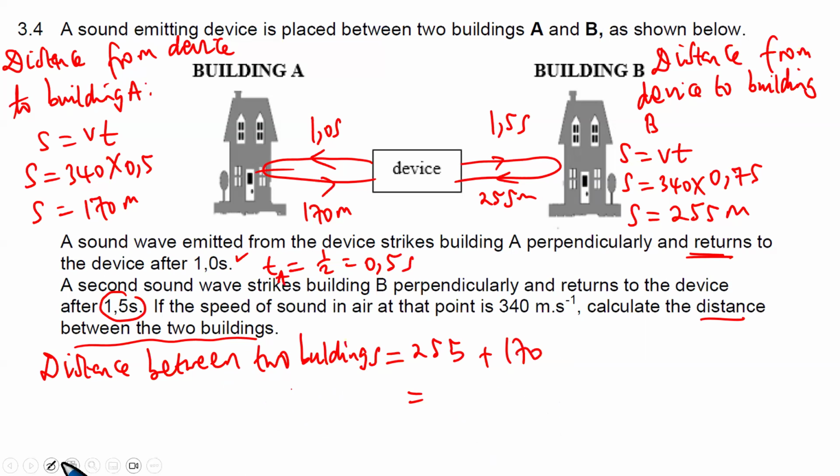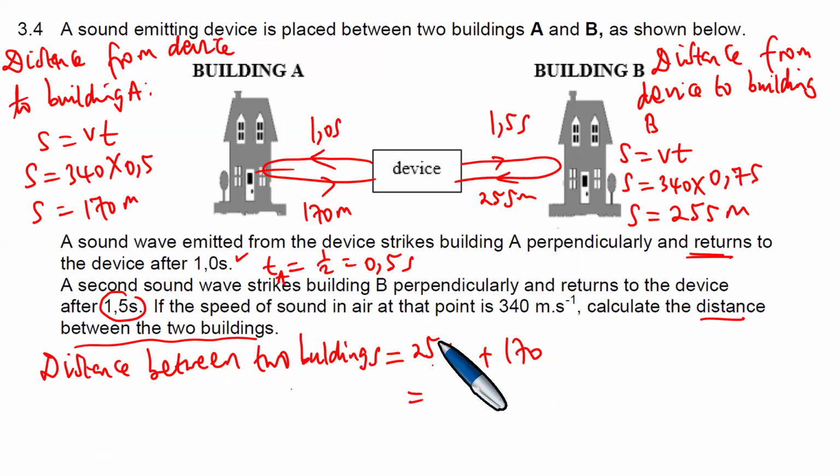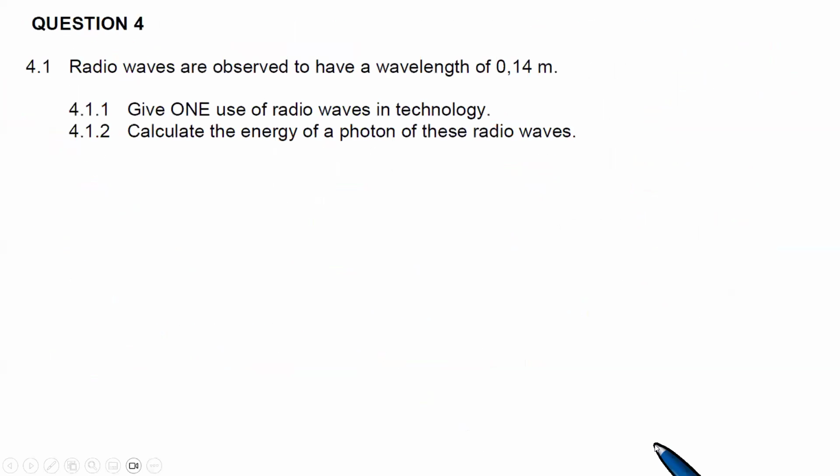And the 255 plus 170 is equal to what? Right, so you have 255 plus 170, and that is 425 meters. So which means here it's 170 from the device to building A and 255 meters from the device to building B. Then the total distance is 170 plus 255, which is 425 meters. Let's wait for the next question.